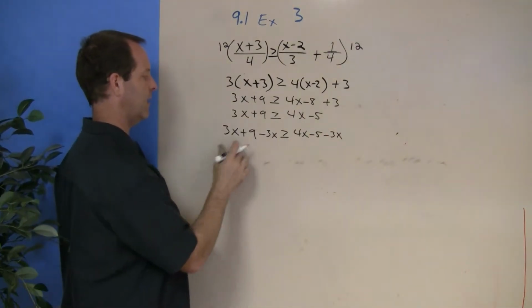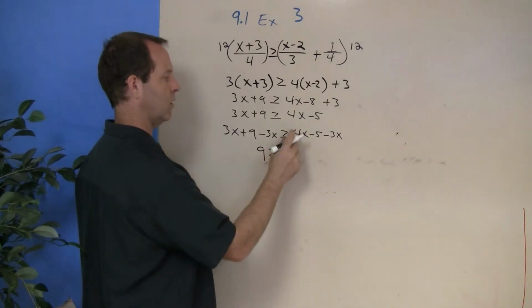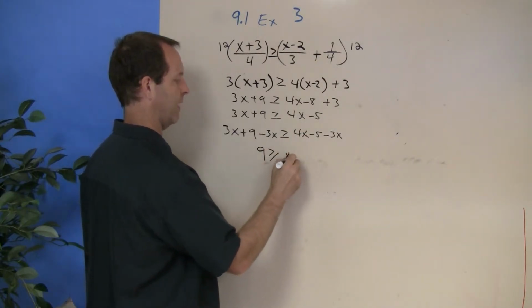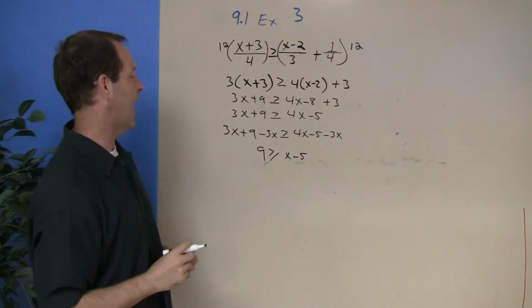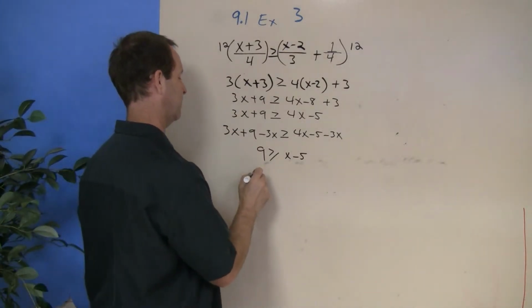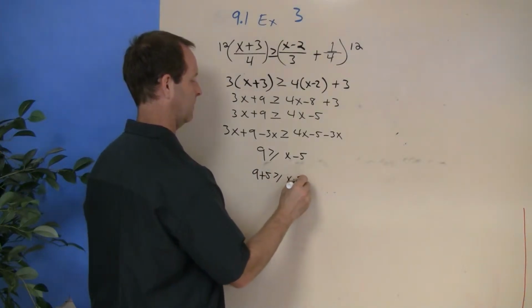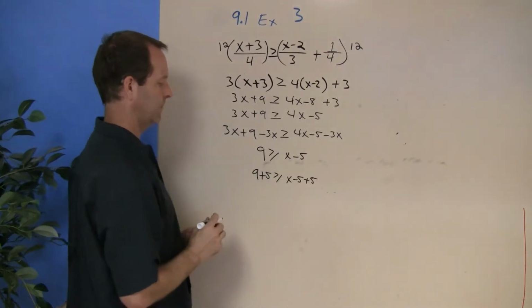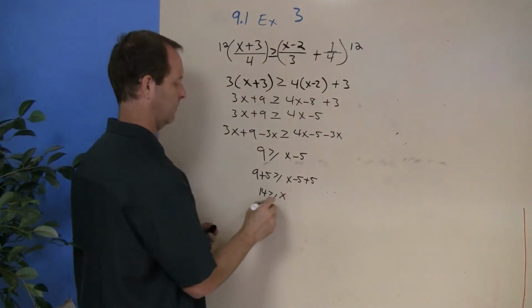Collect terms again, left with a 9 is greater than or equal to an x minus a 5. And so now I need to add 5 to both sides. I have 14 is greater than or equal to x.